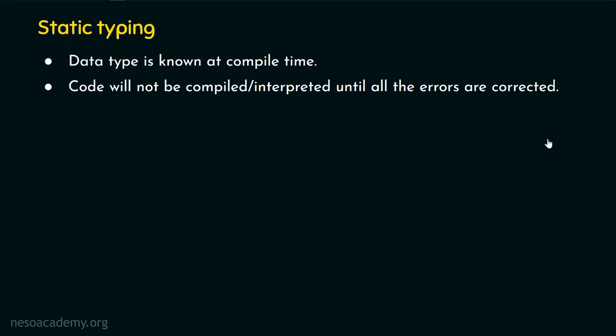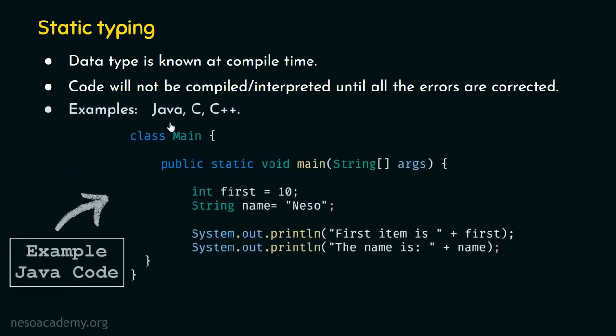Well, there might be a type mismatch kind of an error where we are trying to perform operations on two different data types. There might be other errors also. In a statically typed language, unless the errors are corrected, the code will not be compiled or interpreted further. For example, we have Java, C and C++ as statically typed languages.